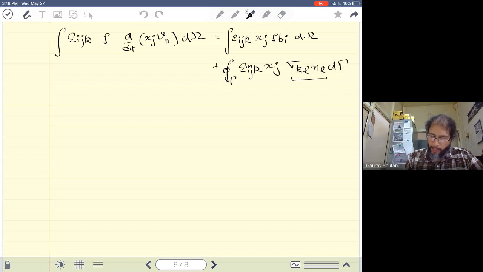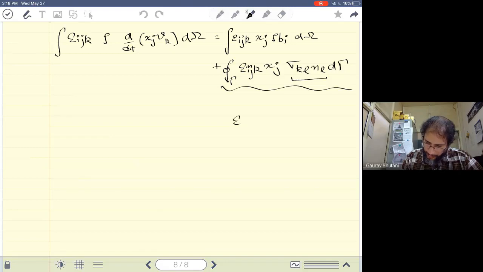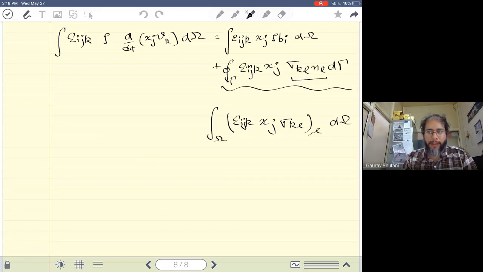Right. So now we want to apply the Gauss divergence theorem onto this term. So I'll simply write this term using the Gauss divergence theorem. Then I'll delete this. So when you apply the Gauss divergence theorem, this becomes... all right.